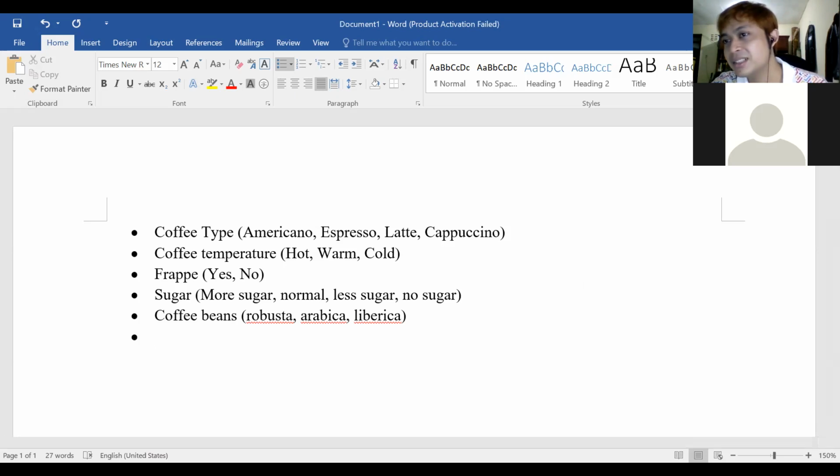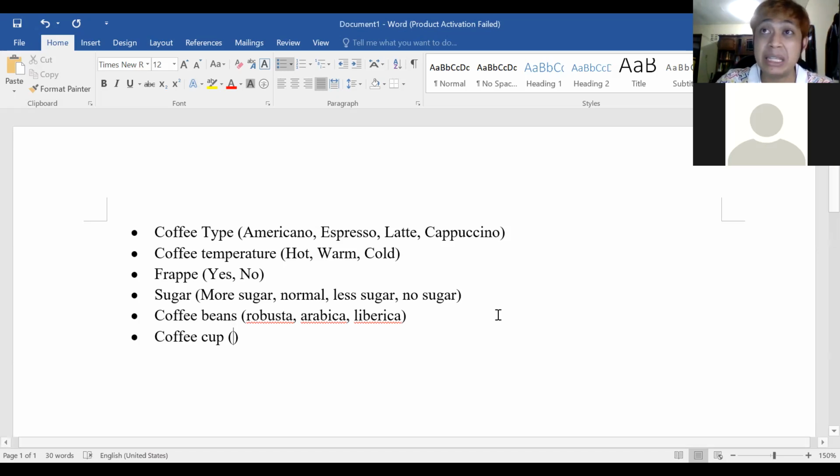How is the coffee cup? What are the levels? Plastic, ceramic, or your own tumbler?